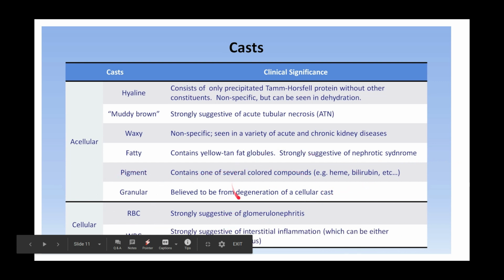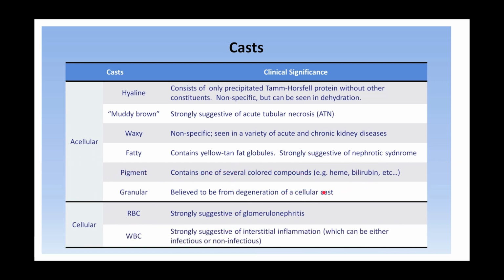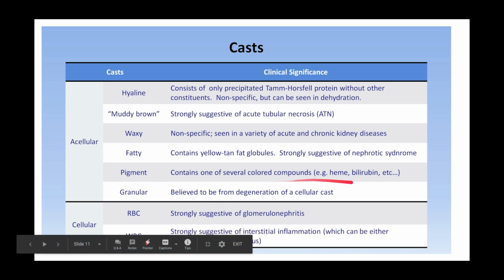RBC casts are seen in glomerulonephritis or nephritic syndrome, and WBC casts are seen in interstitial inflammation or an infection. Hyaline casts, as we mentioned before, are seen in dehydration, and muddy brown casts seen in acute tubular necrosis, and fatty casts are seen in patients with nephrotic syndrome.